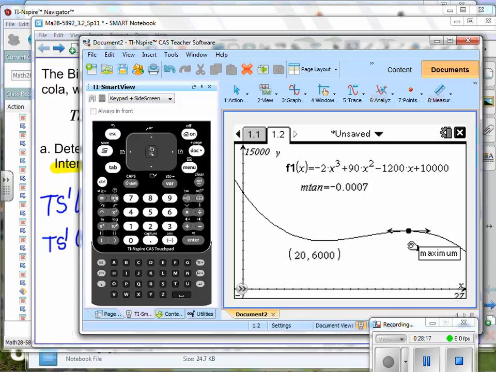Say it again, Albert. Yeah, the derivative is 0, which means that for each additional $1 million we spend, we're not going to be getting any more in total sales.